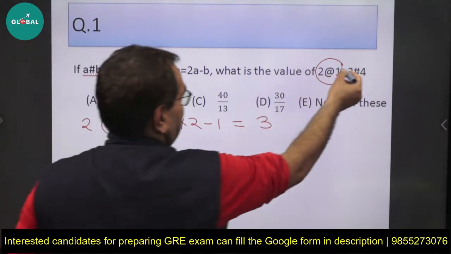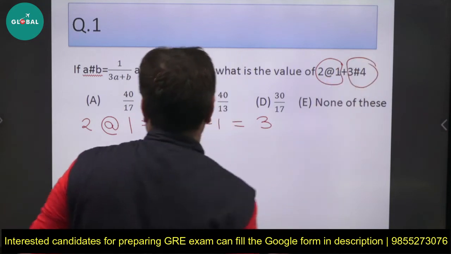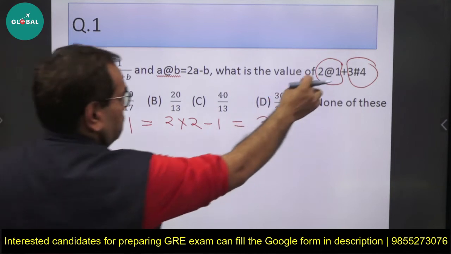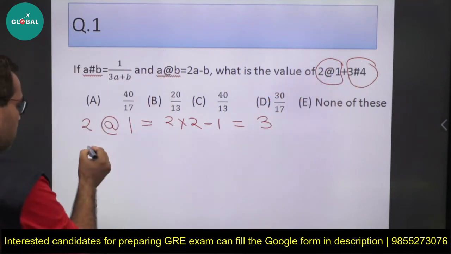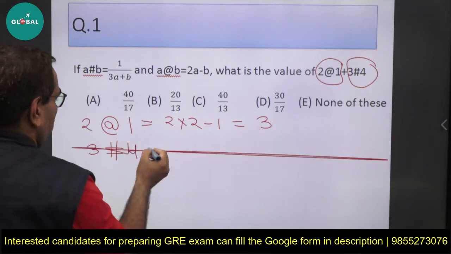Now next is 3 has 4. Using this relationship, we have to compute 3 has 4.